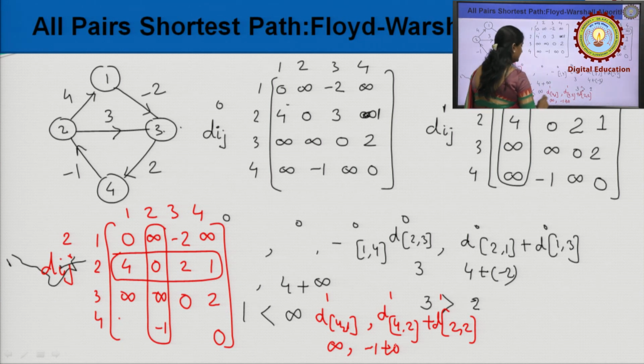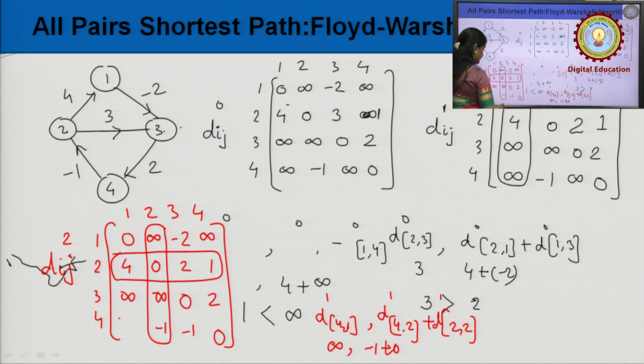So among infinity and 0, and infinity and minus 1, which one is minimum? Minus 1. So the answer is minus 1. Sorry, 1. The value of 4 1 is 3.